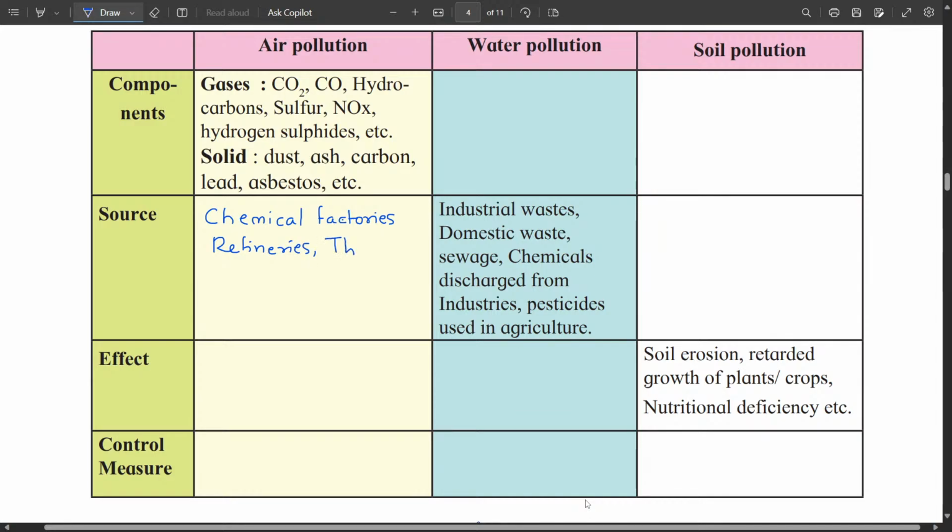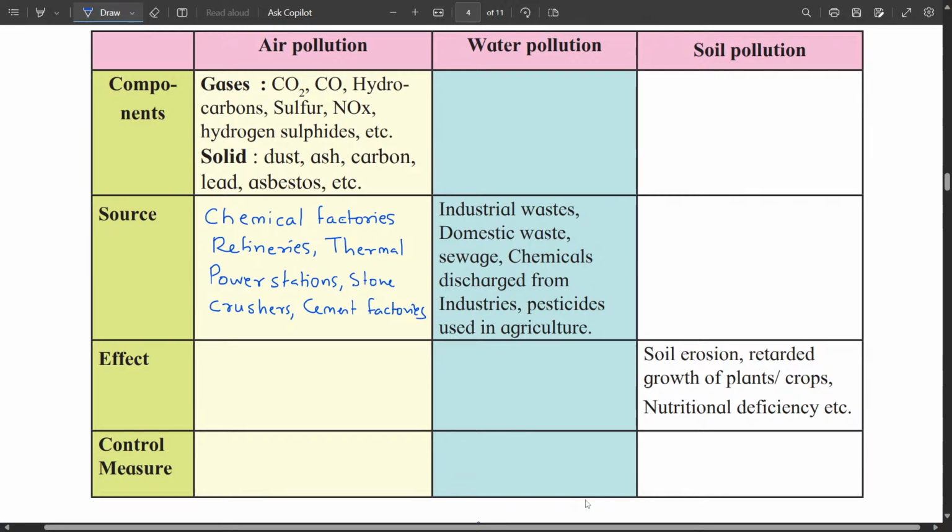Thermal power stations where coal is burnt are a source of air pollution. Then we have stone crushers, cement factories, these are sources of air pollution.